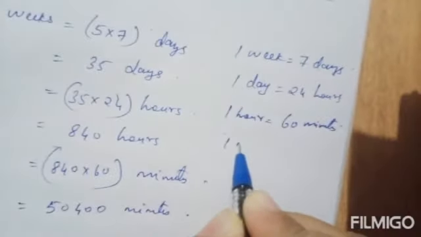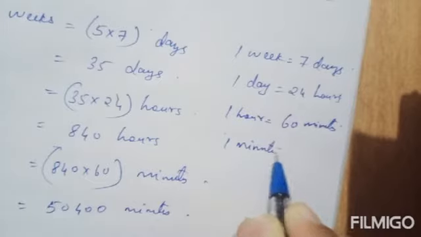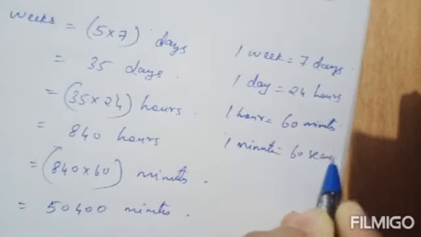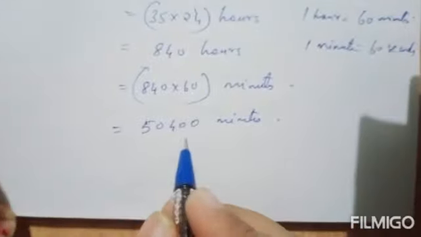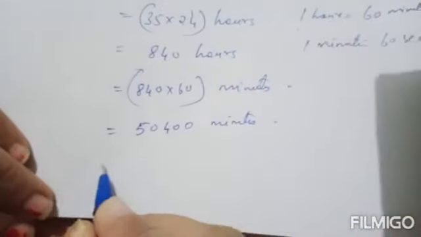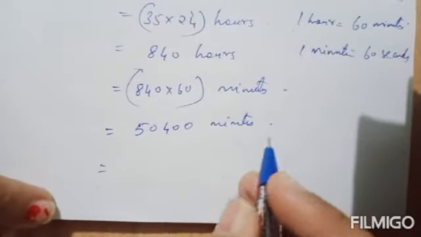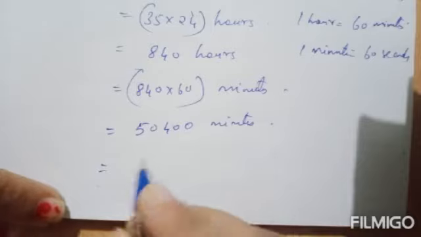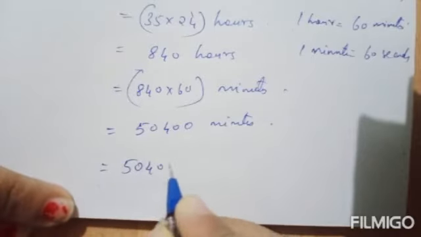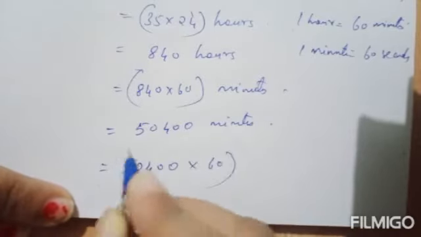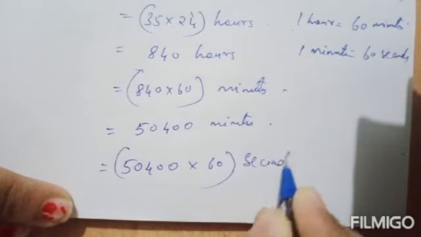You know the relation 1 minute equal to 60 seconds. So 50,400 minutes, how can you convert to seconds? Just multiply by 60. So 50,400 into 60 seconds.